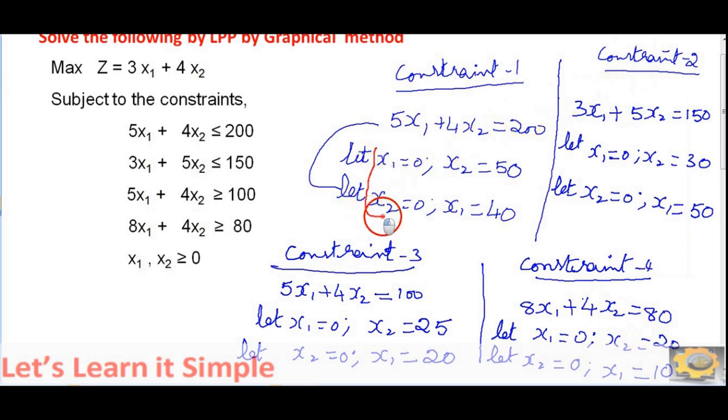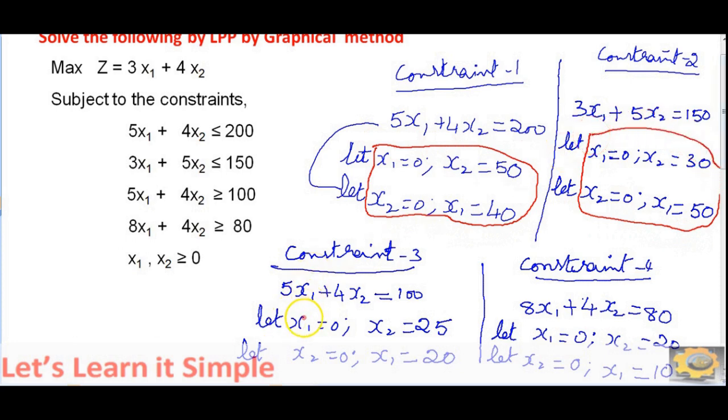So we need to remember these values. This will be useful when we plot the graph with x1 and x2 as variables, and we will be finding the optimal solution from the graph.